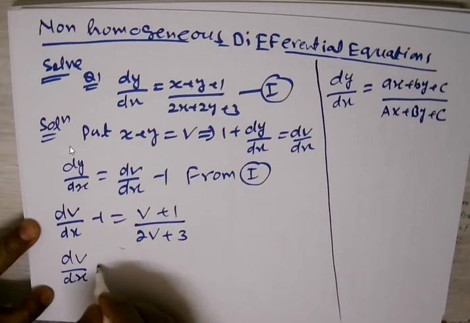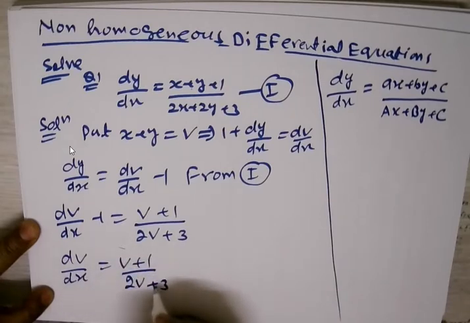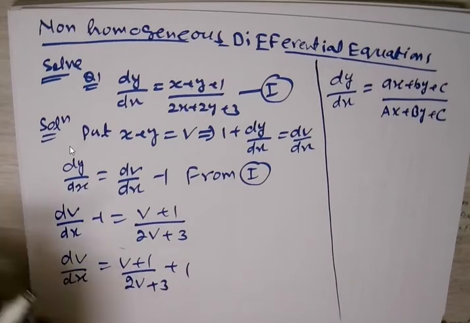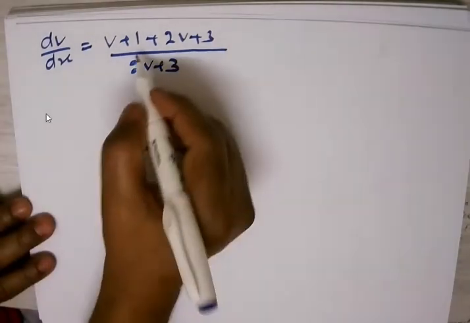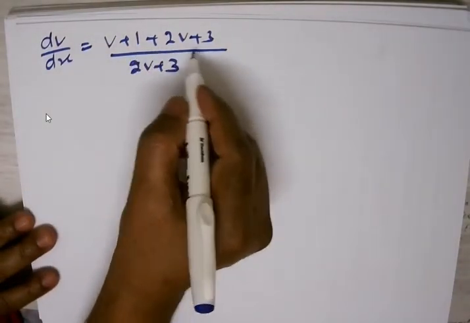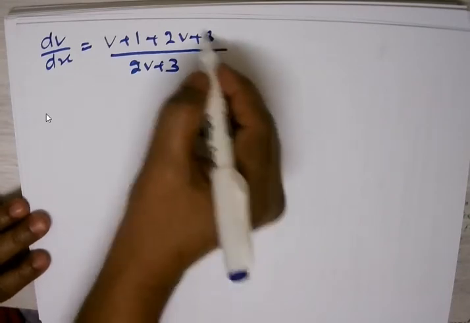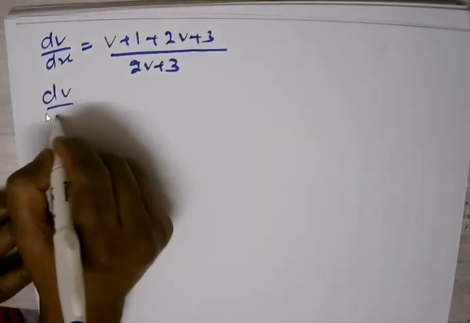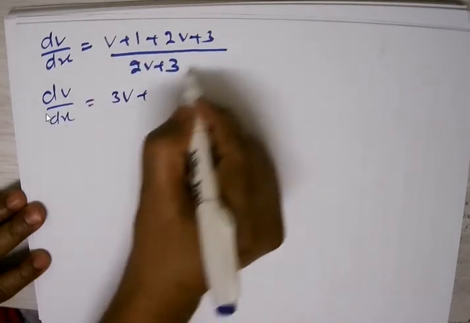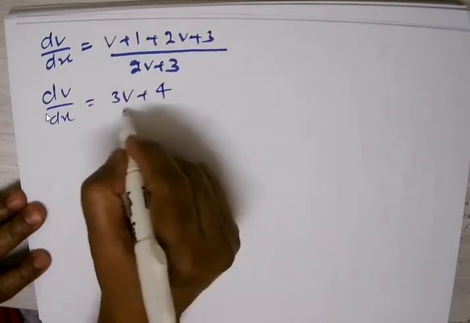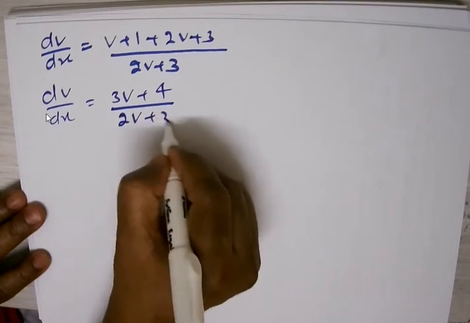So it comes dv/dx is equal to (v plus 1) over (2v plus 3), plus 1, and now simplify it. After simplification we get v plus 1 plus 2v plus 3, divided by this. So v plus 2v means 3v, plus 3 plus 1, that means 4, divided by 2v plus 3.